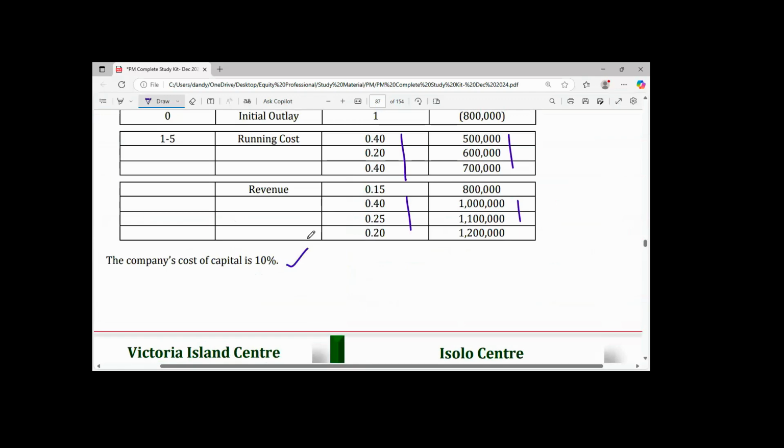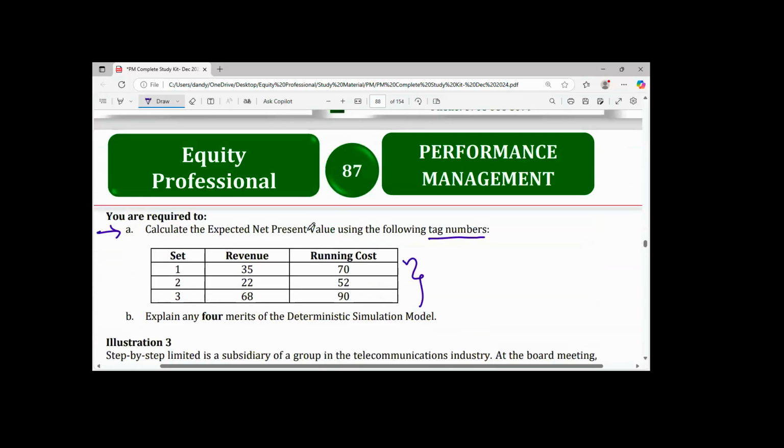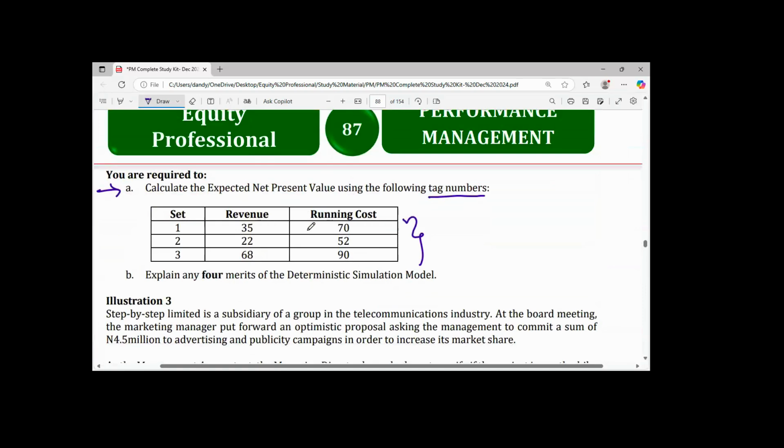Then you use your expected value to calculate the expected NPV. But the examiner has told you that you should use the following tag numbers. Tag number is the same thing as random number. So that is the only thing that makes simulation unique from the other expected value method. So in this case, what are you supposed to do?